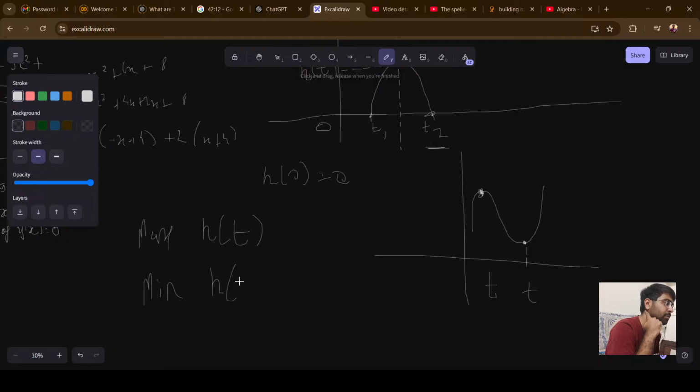Right? Max height means this one, where the instantaneous slope became, for a very small moment, 0. That allows us to do that.